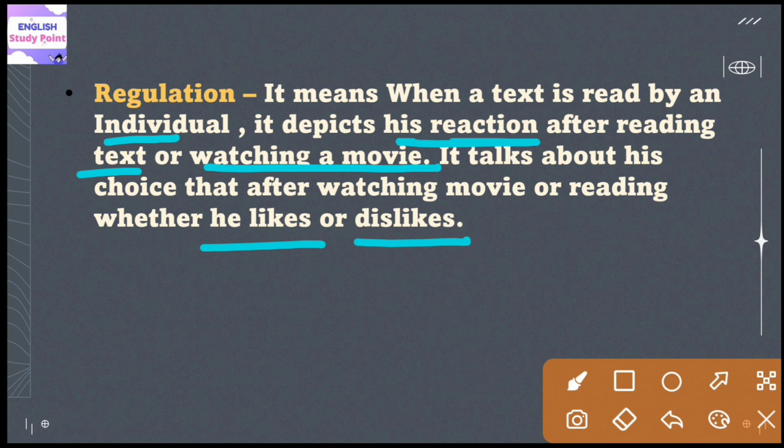Regulation actually refers to forces that limit or delimit the consumption of a text. It describes perception of approval or disapproval from viewers or audience. If an individual or group of individuals is pleased by what is represented to them, that means it is acceptable or appropriate to the people who are reading that particular text or watching that movie.